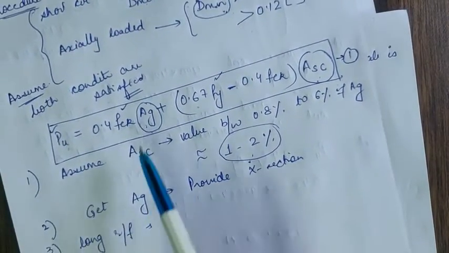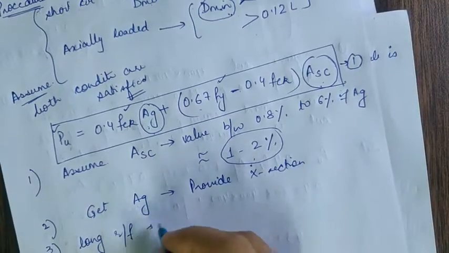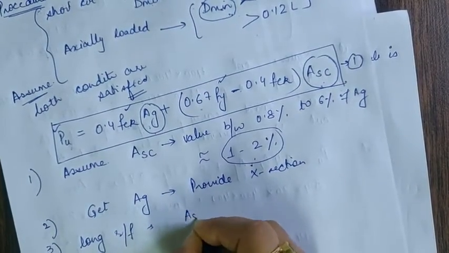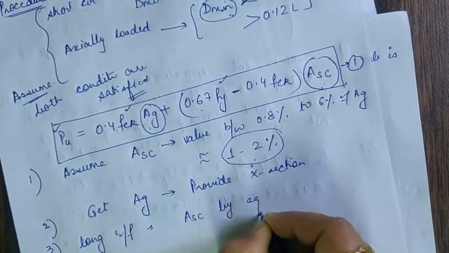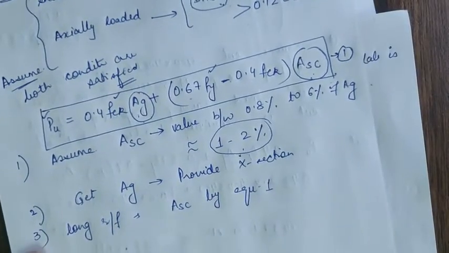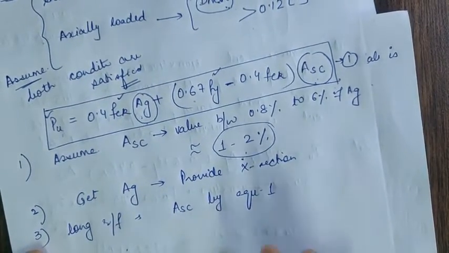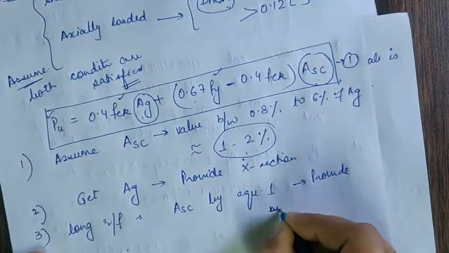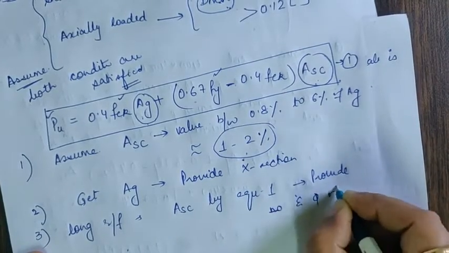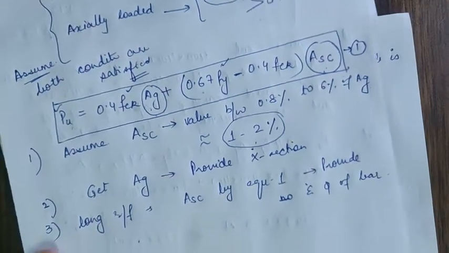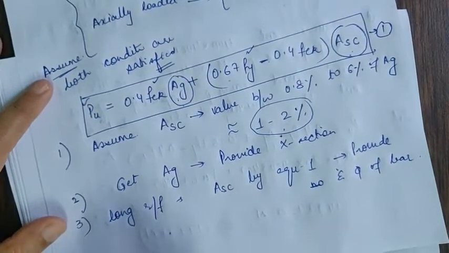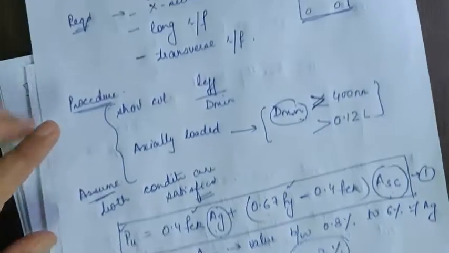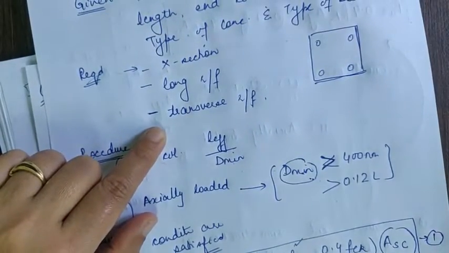In the second step, I put the original value of Ag and get Asc by equation 1. Depending upon the area, I'll provide the number and diameter of bars.